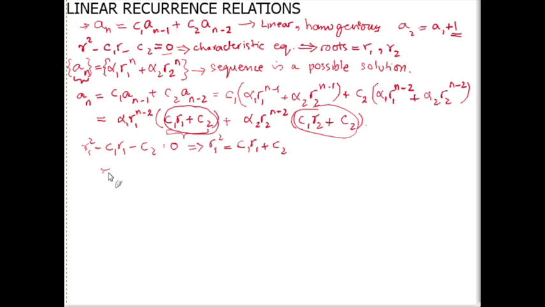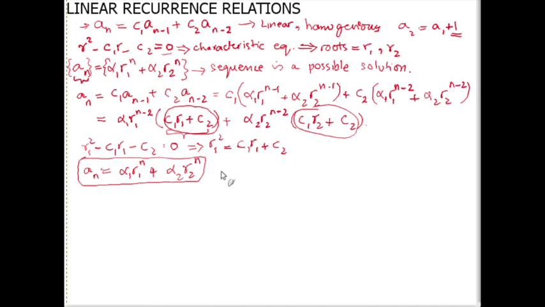So my an will be alpha 1 r1 to the n plus alpha 2 r2 to the n. So this is what we want to prove. We started with an minus 1 and an minus 2, and we came up with the same form for an. This is kind of a mathematical induction, a forward proof.